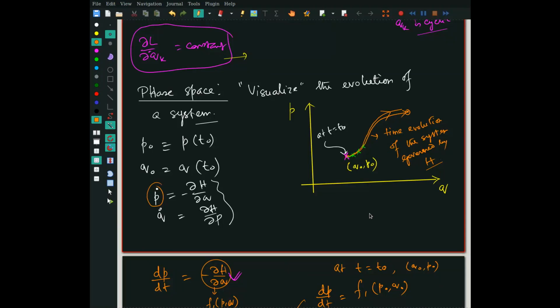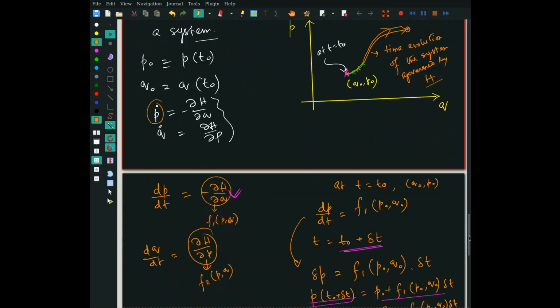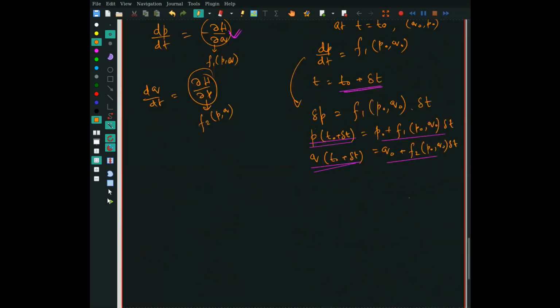Since this evolution is unique, you notice that no two evolutionary paths can ever cross each other. Okay, so suppose, let me draw again a coordinate system. Maybe the arrow is better. We put an arrow here.